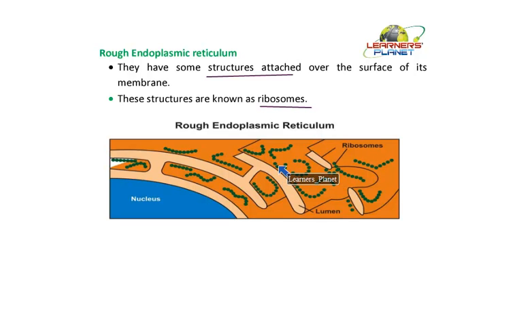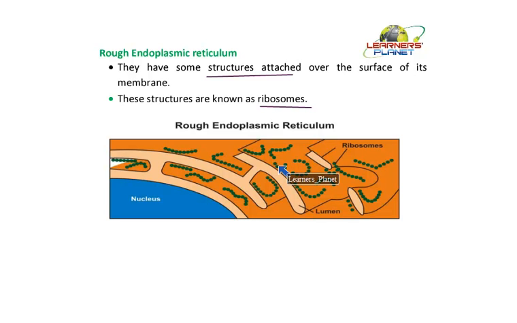When it attaches, so many amino acids will attach together as per the encoded information, and they will form a functional protein. So all types of functional proteins are now synthesized by the rough endoplasmic reticulum. But this process is not possible if the nucleus is not giving the correct information in the form of its genes and in the form of RNA.